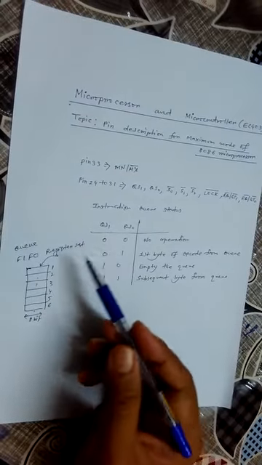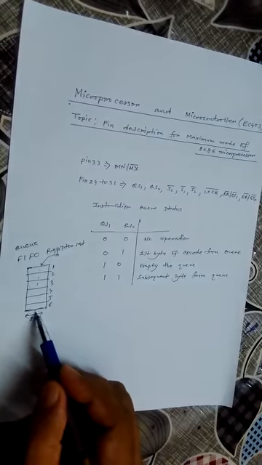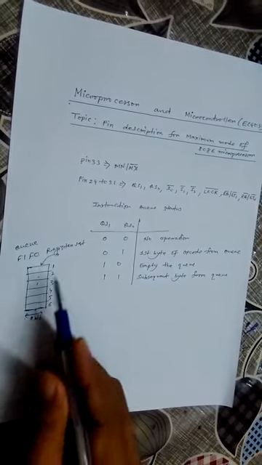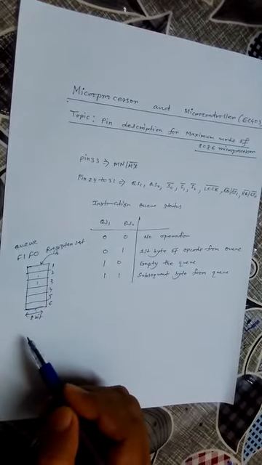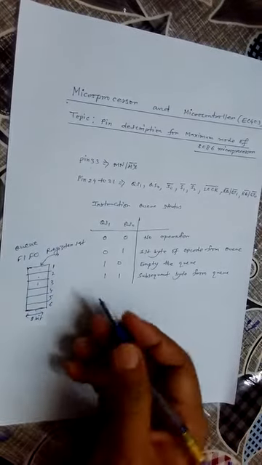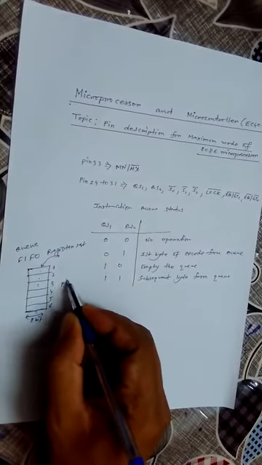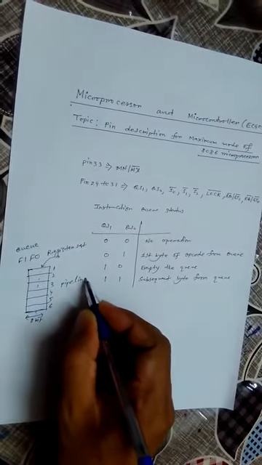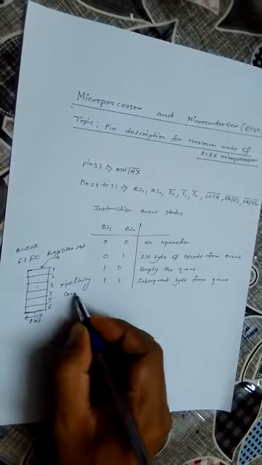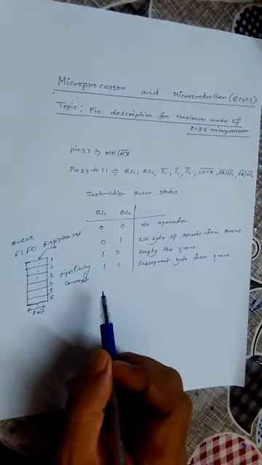When the third instruction enters, your first instruction will go out from the queue and execute. This concept is called the pipelining concept. This is a special feature of the 8086 microprocessor.